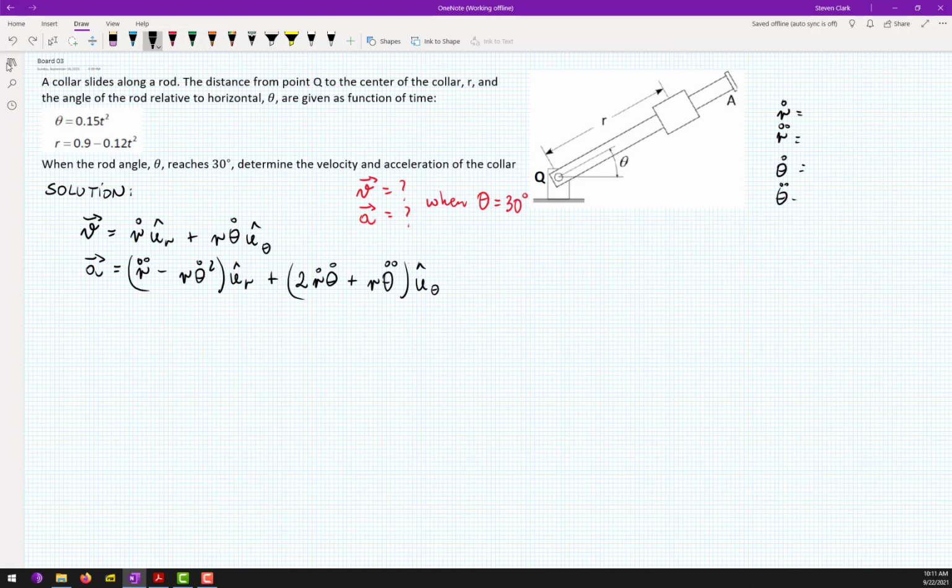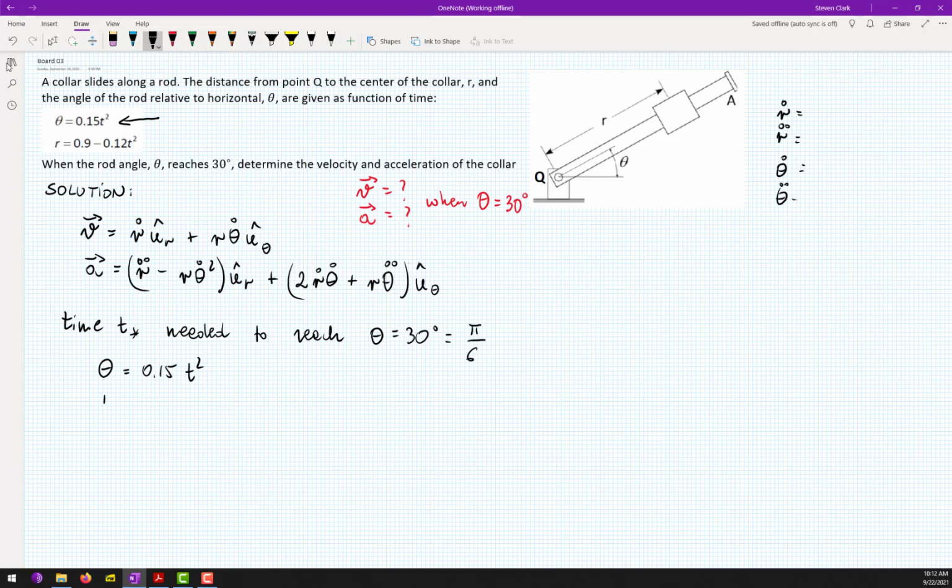But before doing that, let us find time t star needed to reach theta 30 degrees. Okay, so I believe I can take this expression. So basically I can take this one, 0.15 t squared, and 30 degrees is, by the way, pi over 6.